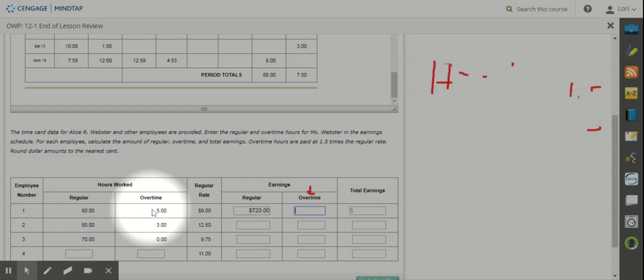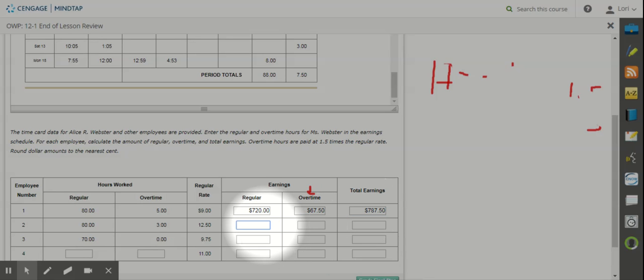They worked 5 hours in overtime. So you will do 5 times 9 times 1.5, and you should get 67.50. Add those numbers together and you get $787.50.